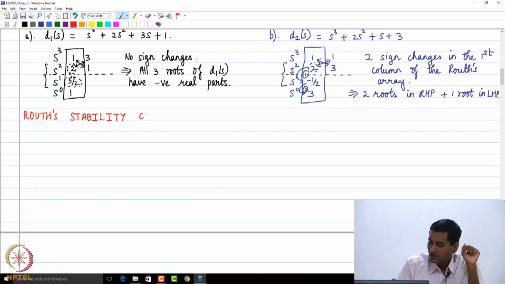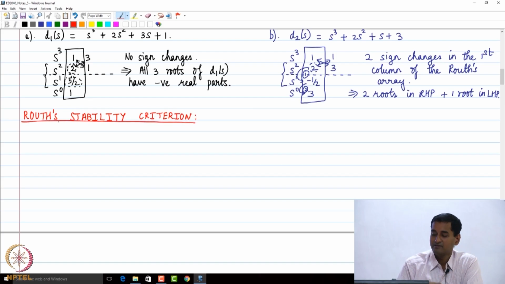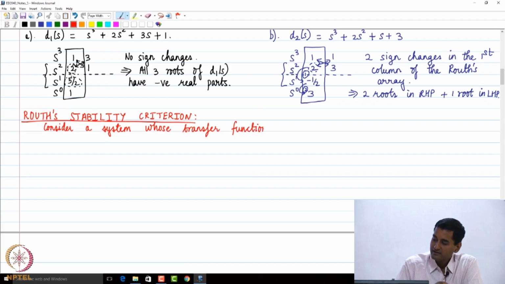So we will now see how we are going to apply it. Consider a system, it can be open loop or closed loop, whose transfer function is of the form N of s divided by D of s.